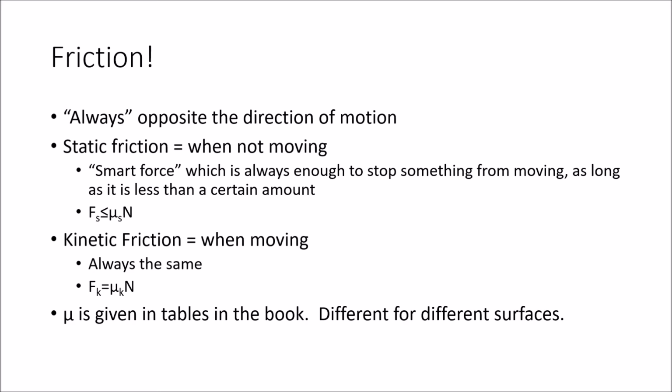So static means unmoving, and once you apply more force than the maximum amount of static friction, when you get to mu s times n, then anything beyond that, the object starts moving, and then you're in the realm of kinetic friction. When you're moving, you have to deal with this kinetic friction.